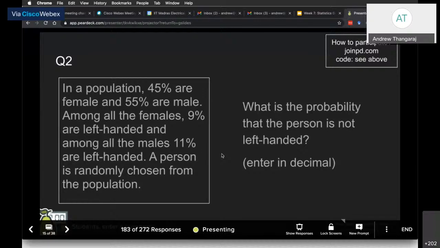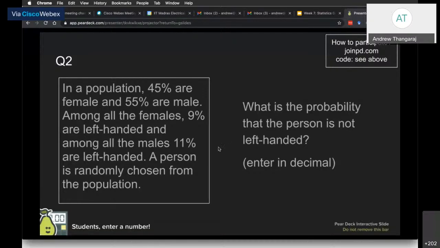Okay, about two-thirds of the responses have come in. I'll wait for my usual 75% mark, or the time. I think there's still 2 more minutes.